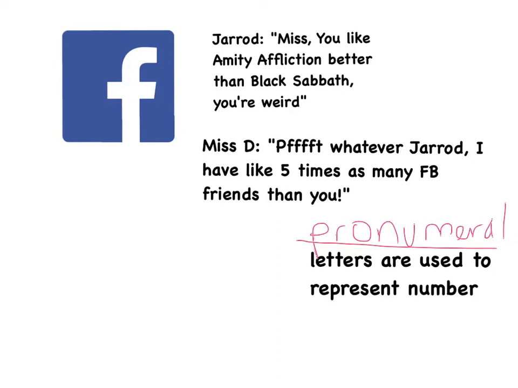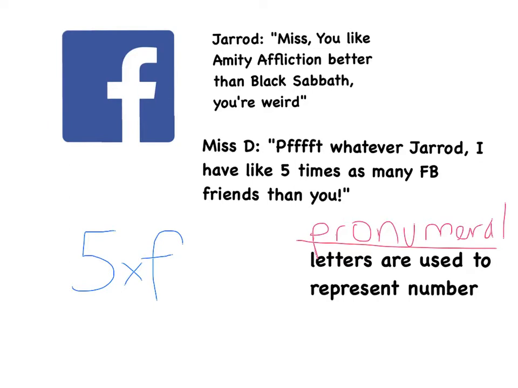So, I have 5 times as many Facebook friends as Jared. That's 5 multiplied by something I don't know. I can use any letter of the alphabet. Most of the time, I like to make it somehow relevant. So, we're saying 5 times as many Facebook friends, so I'll say 5F. 5 times as many Facebook friends as Jared has.